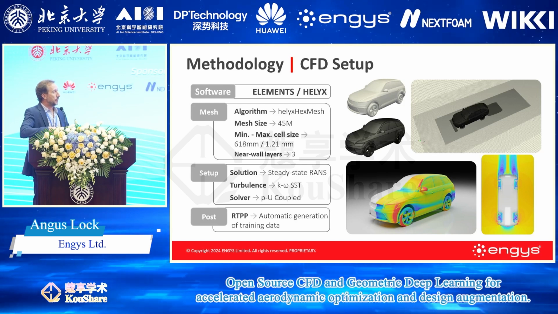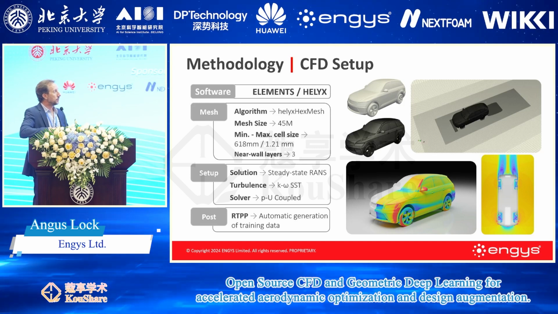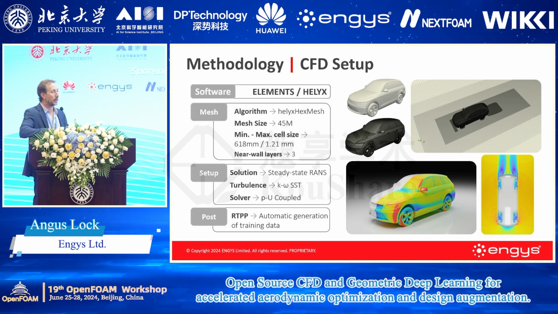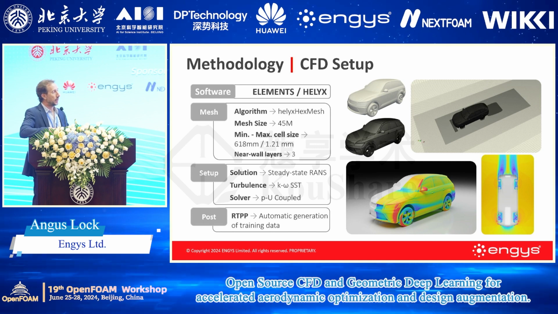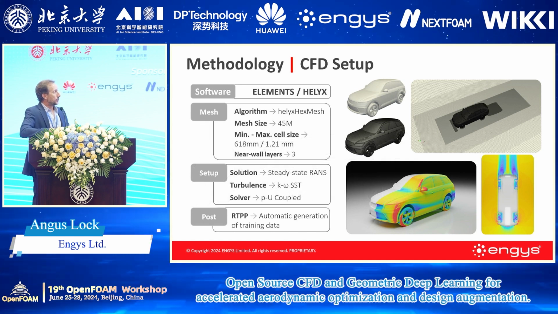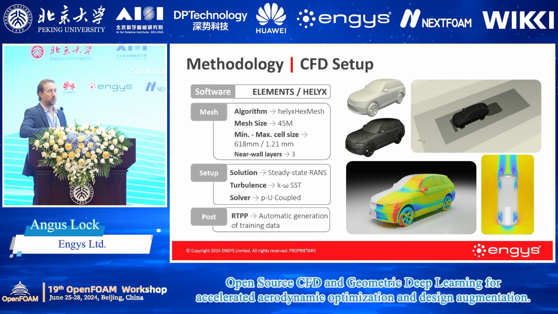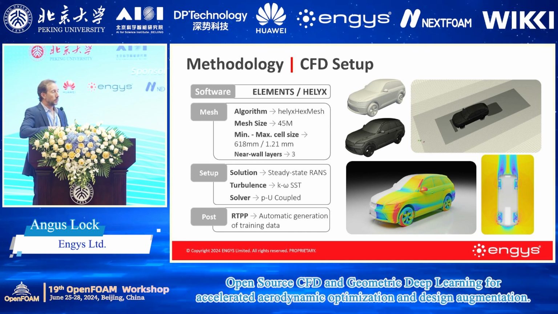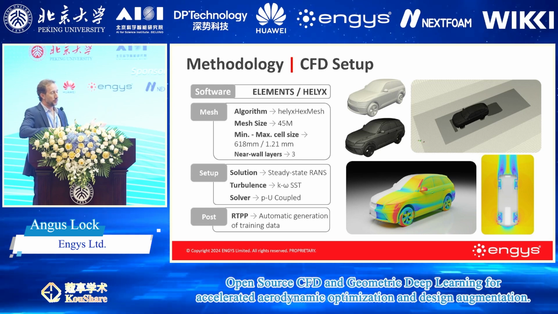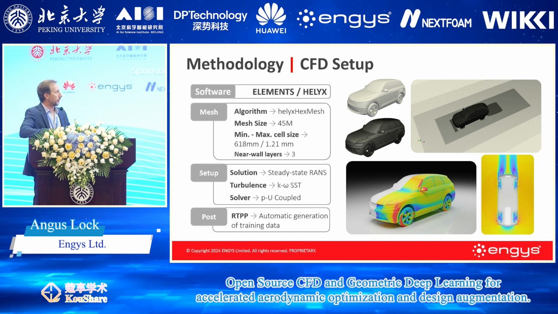In terms of the CFD software, we're using Elements, which is a specific automotive variant of our general purpose CFD code called Helix. That's actually a fork of OpenFOAM and uses a meshing tool called Helix Hex Mesh, which is actually based on AutoMesh, which was the precursor, or Snappy Hex Mesh was a fork of Auto Hex Mesh.